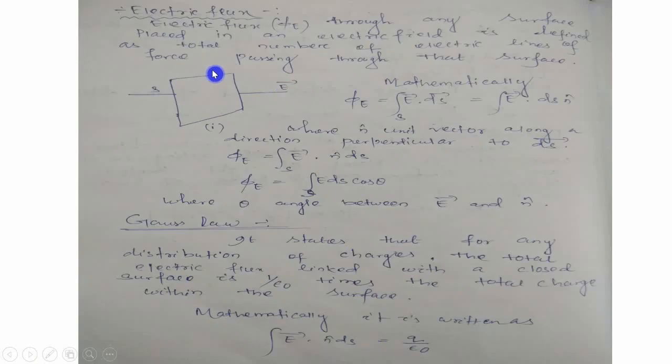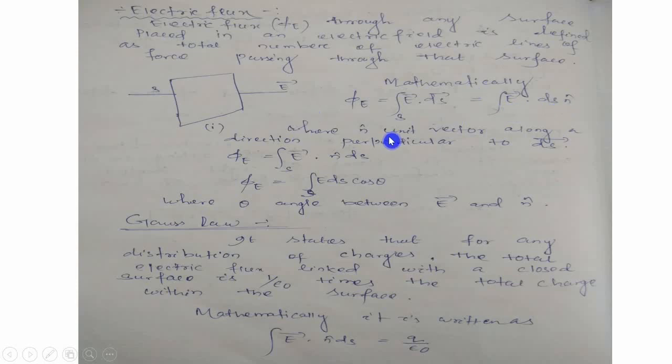Now come to another new concept, known as electric flux. Electric flux is the number of lines of force passing per unit cross-sectional area. Suppose we take a surface here; mathematically, it is the product of the electric field intensity and the area vector, E vector dot dS vector.